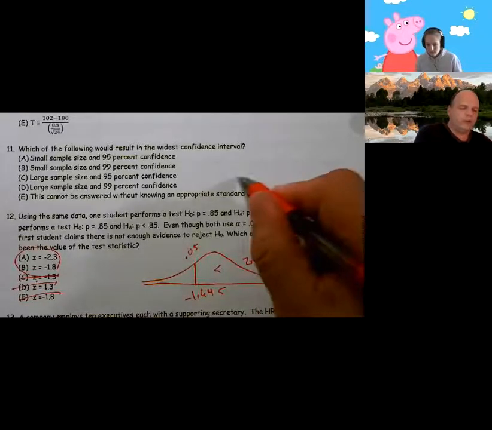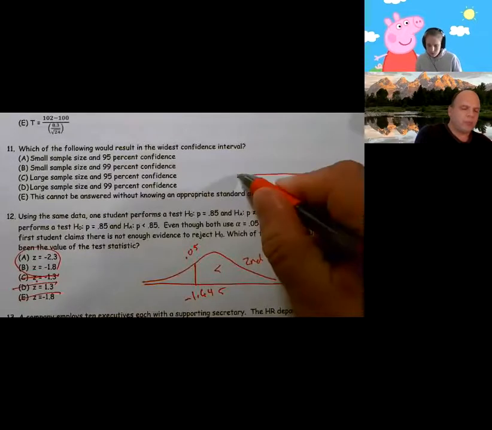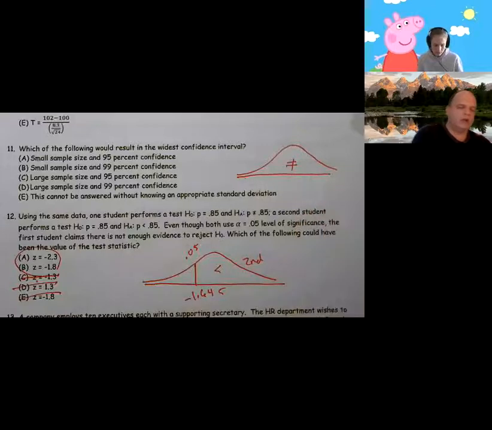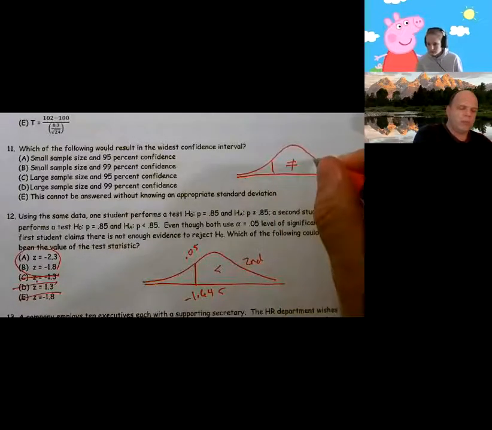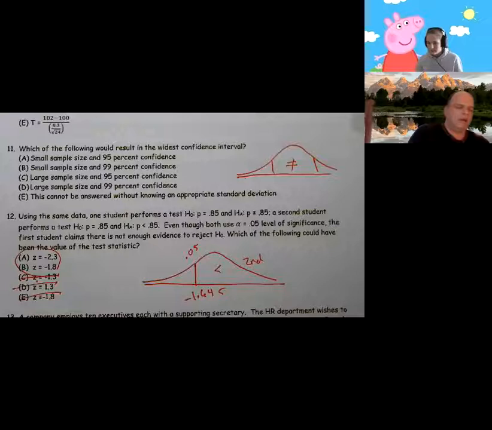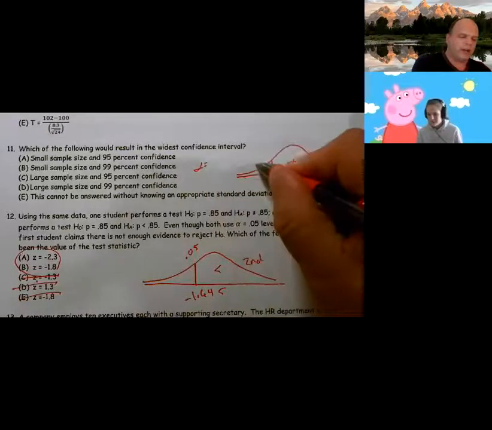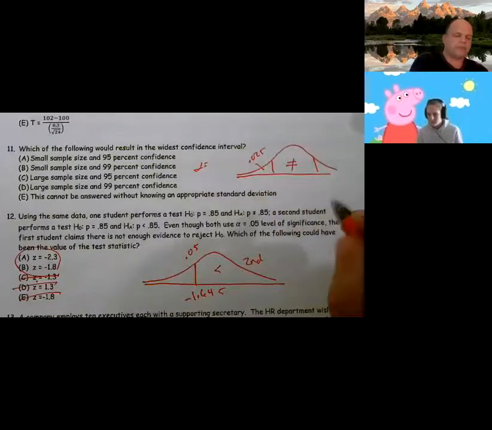The first student did a two-tail test. And so basically they're saying, and they had an alpha of 0.05, and since alpha equals 0.05, the area of the tail is 0.025.